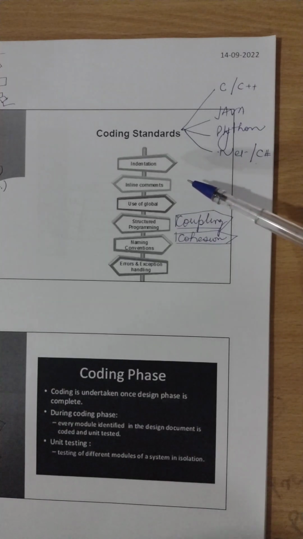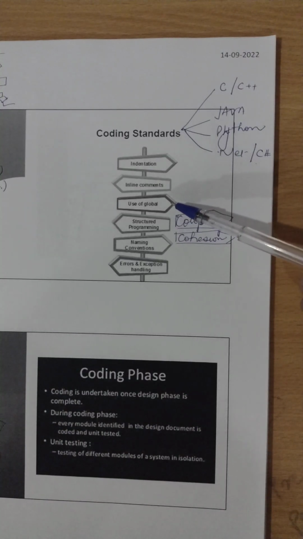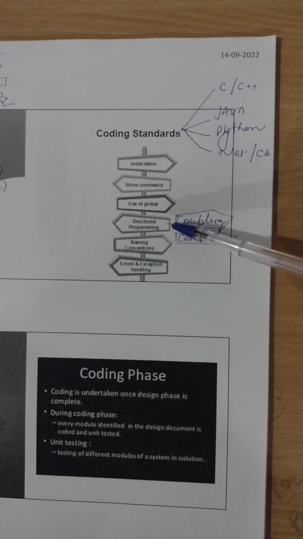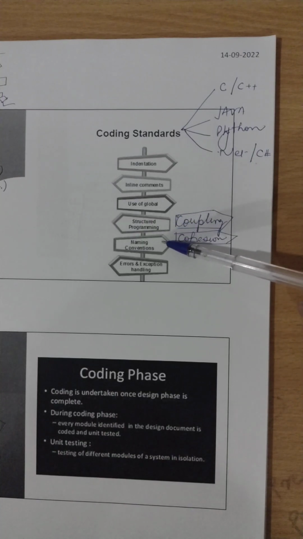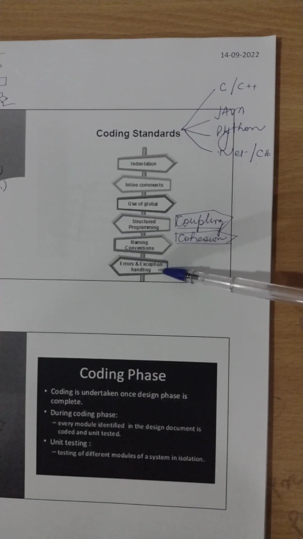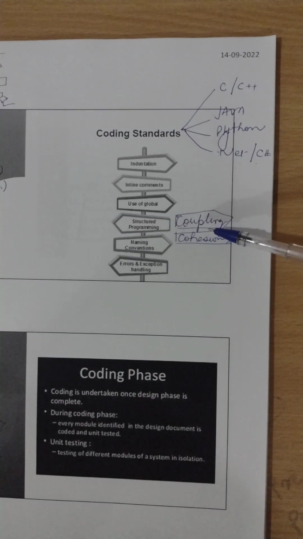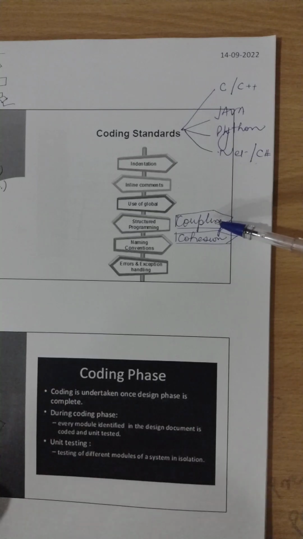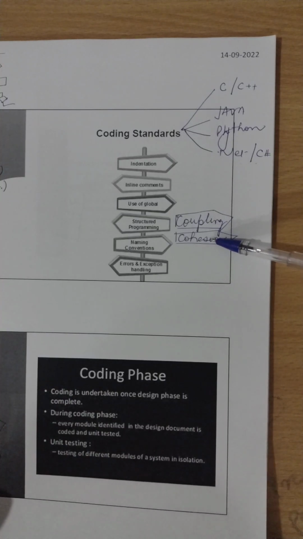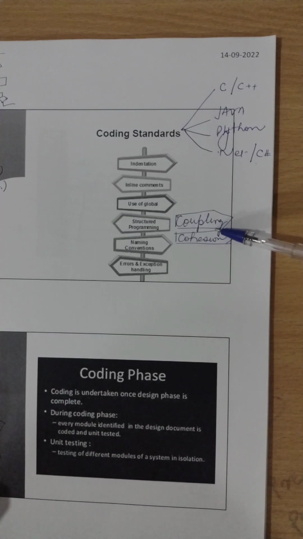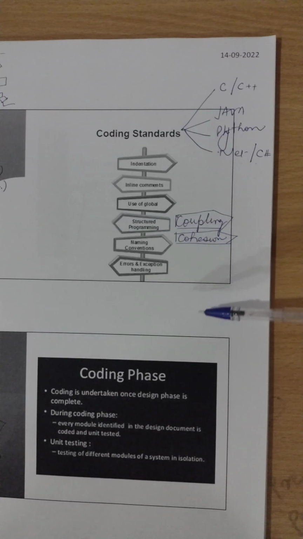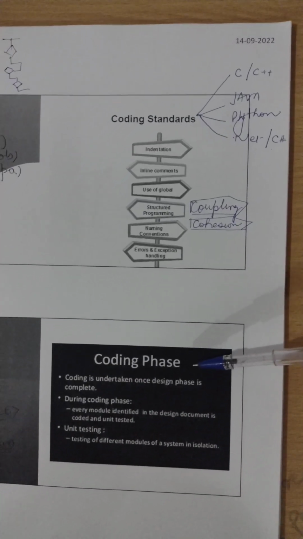So there you check for the inline comments, use of global variables, you ensure that structured programming is being done. Then you follow the naming convention, you ensure that error and exception handling is being done. You check the coupling and cohesion of the software which you have written. So these are the software engineering terms called coupling and cohesion, which are used in the coding phase.